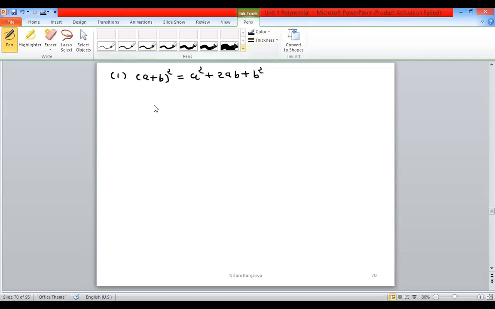First of all, any student tell me, if I take any negative number and take its square, what happens? Is the answer positive or negative? Positive.